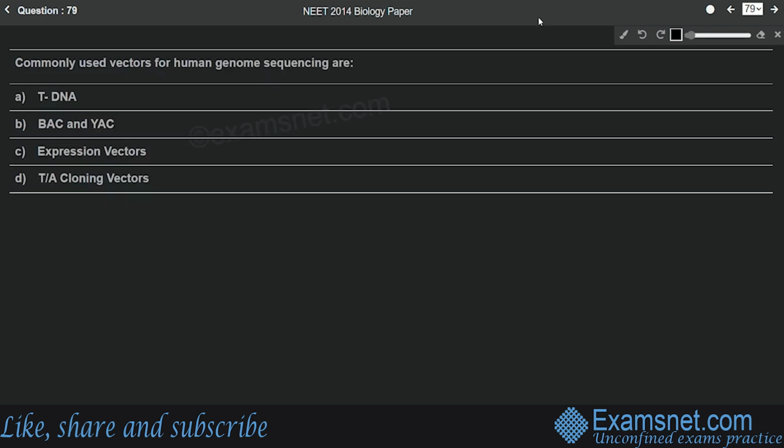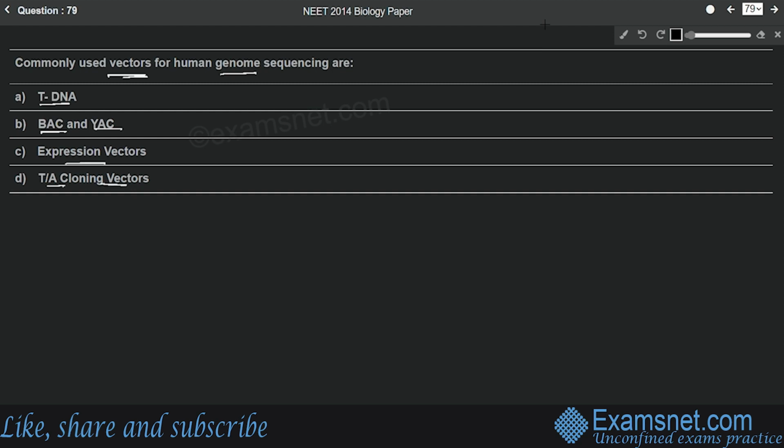Question number 79 is from the chapter Molecular Basis of Inheritance, and the question is, commonly used vectors for human genome sequencing are. Options are tDNA, BAC and YAC, expression vectors and TA cloning vectors.